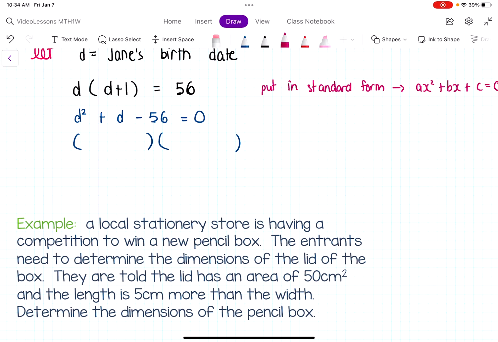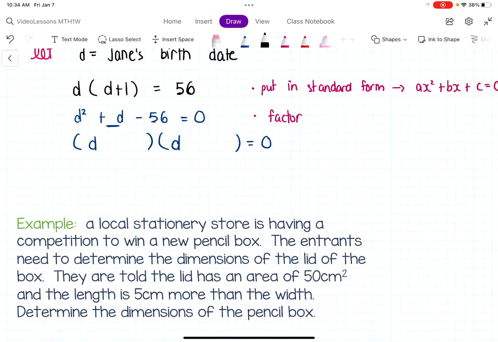So that was the first step. The next one is factor. Because now I can use my zero factor rule because it's equaling 0. Don't forget the equals 0. Some of you, when you were doing your quadratic equation work, would forget that equals 0. Don't drop it. I need two numbers that multiply to give me negative 56 and add up to 1, because remember, in front of this is a 1.